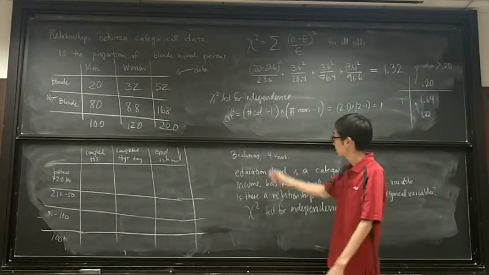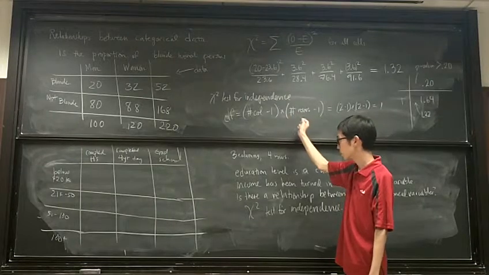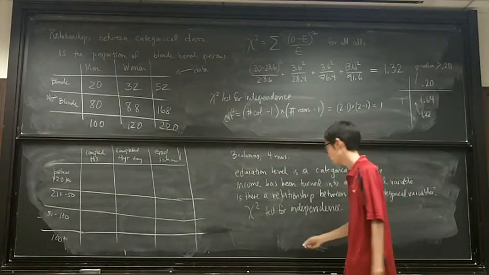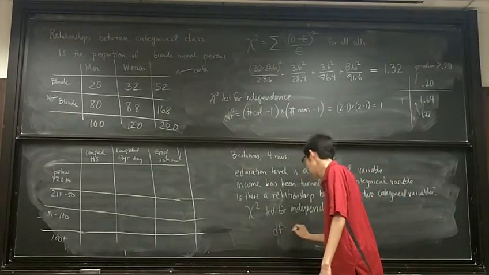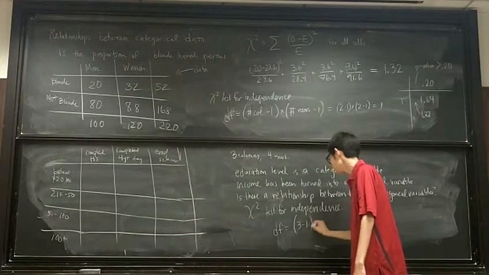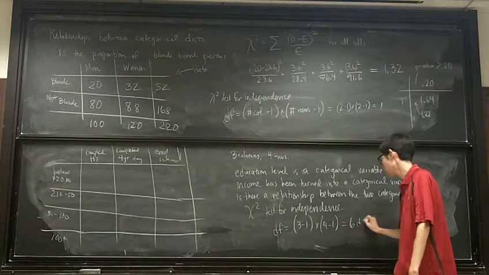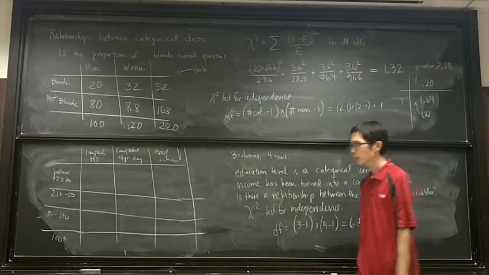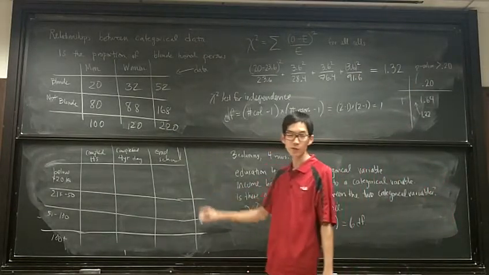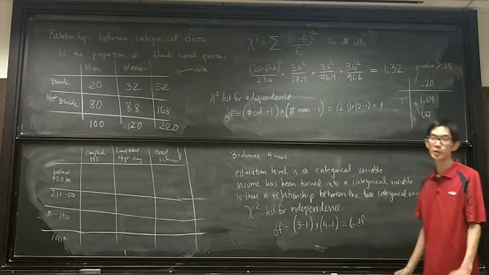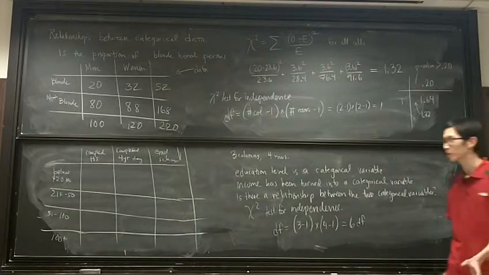And we just use the degrees of freedom. How many degrees of freedom do we have here? 3 minus 1 times 4 minus 1. So now I have 6 degrees of freedom. And then the process to find the observed versus the expected just becomes really, really tedious. Okay?